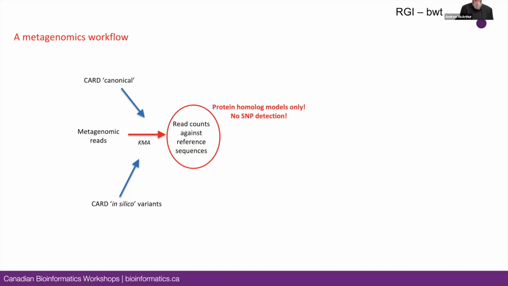You're not going to get your gyrase B mutations, right? There are a lot of groups working on adding SNP detection, but be warned. When you do metagenomics with KMA aligners, these methods, you will analyze the non-mutational type of AMR only. So you're not getting a total resistome prediction. So if you're working in tuberculosis, this is not going to help you at all, because TB resistance is overwhelmingly mutation.